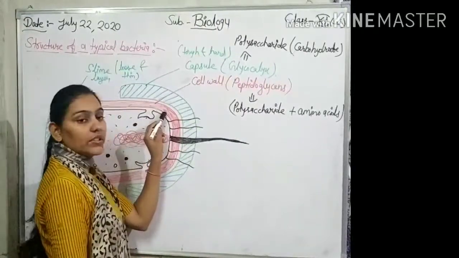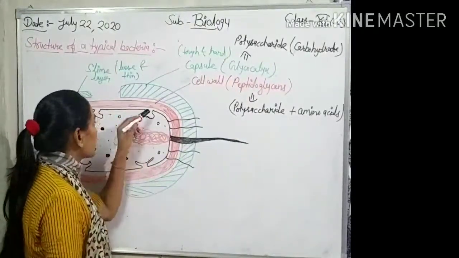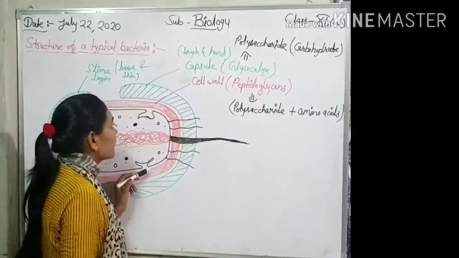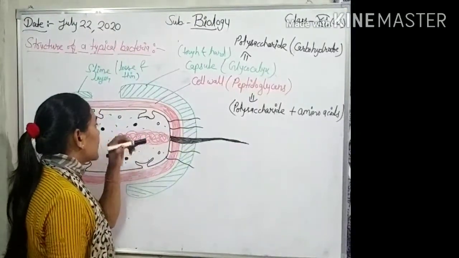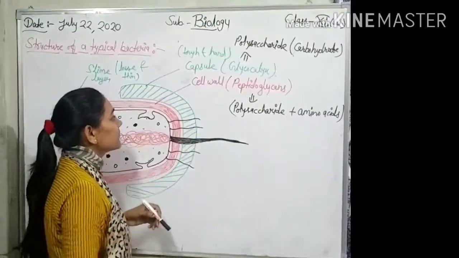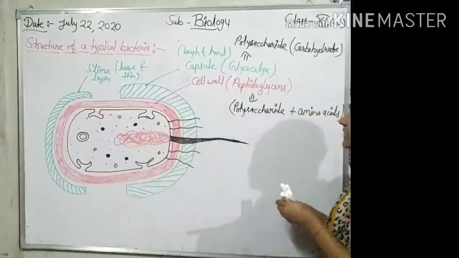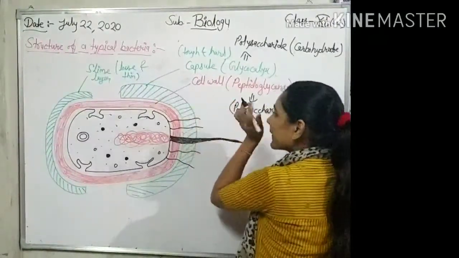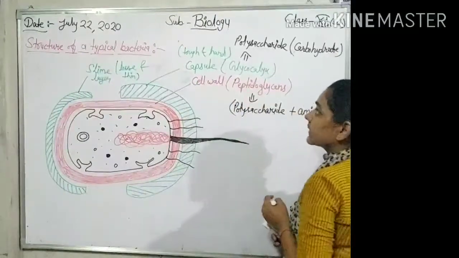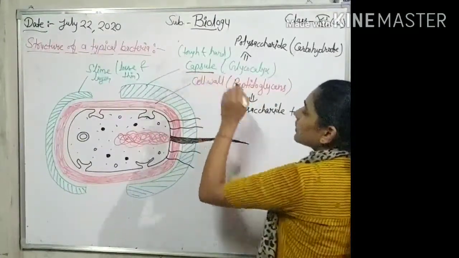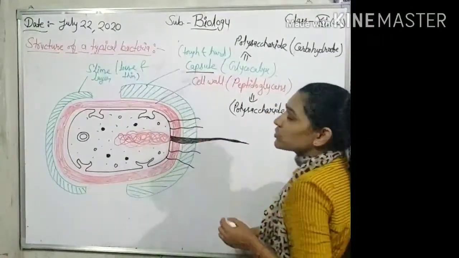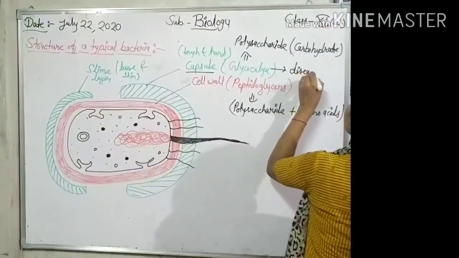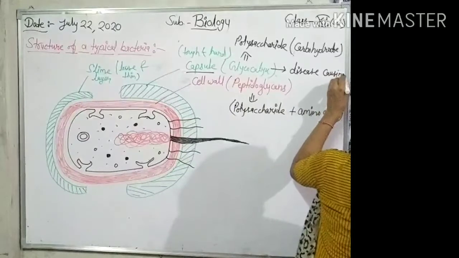It is a thick, non-elastic covering of bacteria. It provides protection and a non-collapse condition. The main feature is the peptidoglycan nature. The capsule part has disease causing particles.